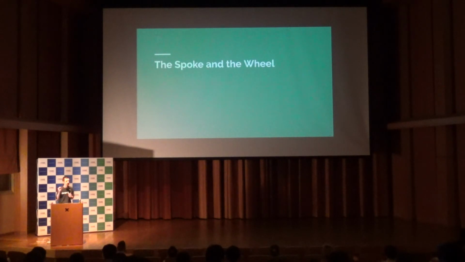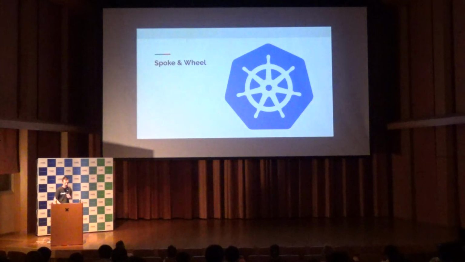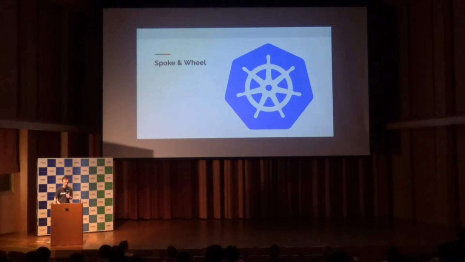So you can think of the Kubernetes system as a wheel with spokes, kind of like a bicycle wheel, where the API is a hub in the center, and you have each spoke connecting to some client on the rim of the bicycle wheel. Since the Kubernetes logo looks kind of like a wheel, we're going to illustrate that here.